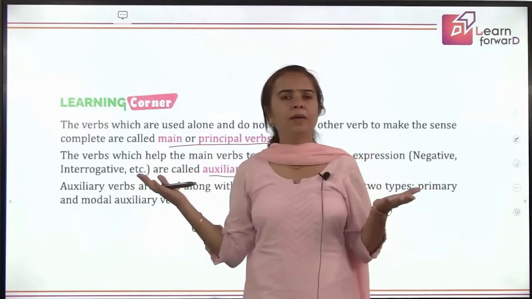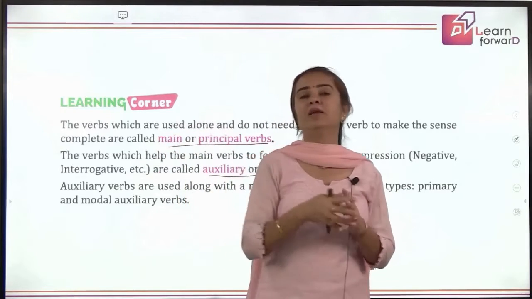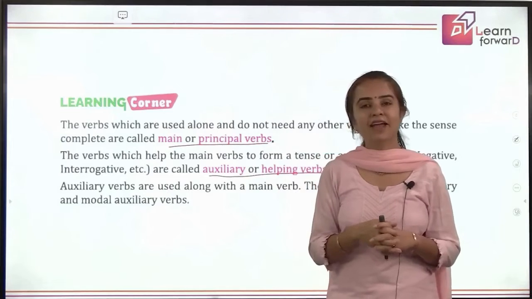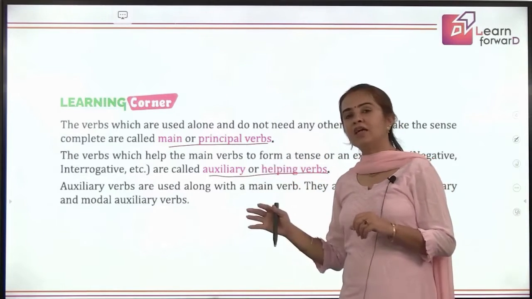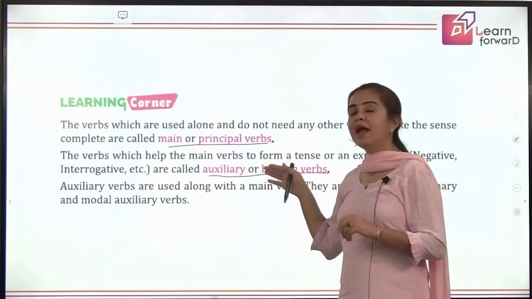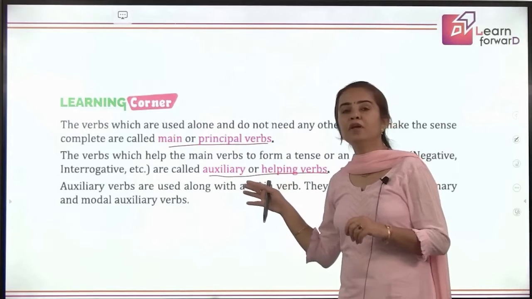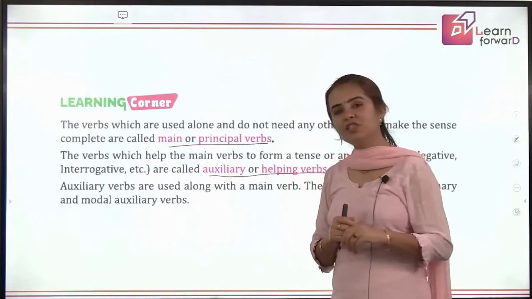When do you help? It's only when somebody is doing the main action that a helping hand is lent, right? So that main work is done by the principal verb, and the auxiliary verb, the helping verb, is supporting in getting the correct tense formation there, right?